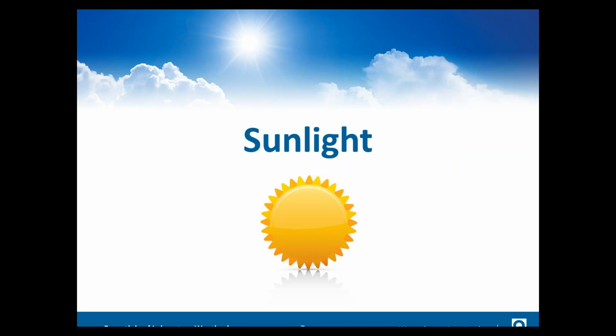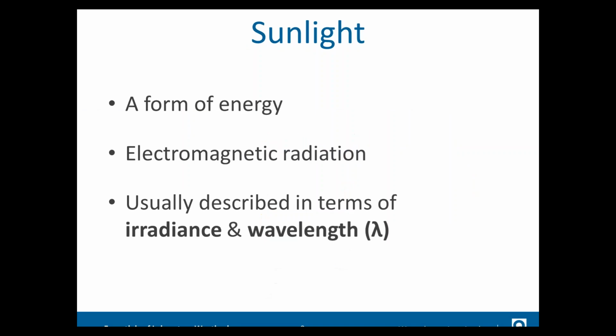The first factor of weathering that we're going to talk about is sunlight. This is usually considered the major component when we talk about weathering, because usually when we're doing weathering testing, we're interested in the effects of photodegradation on materials. So what is sunlight? Sunlight is energy that we receive from the sun, hence its name.